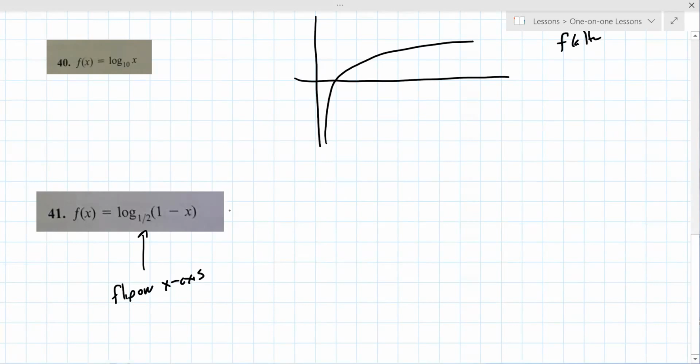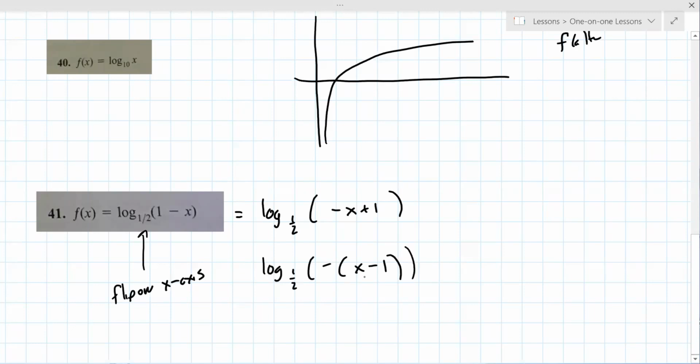If you rewrite it as log base 1/2 of minus x plus 1, and then you factor out a -1 from both, you get log base 1/2 of minus (x minus 1). Okay, you realize that this is a shift right 1. But here, this negative in front is a flip over the y-axis.